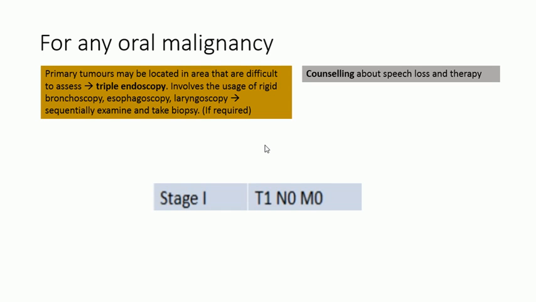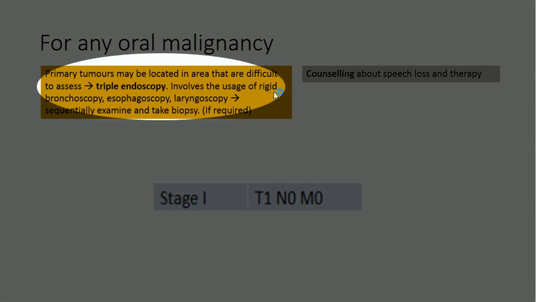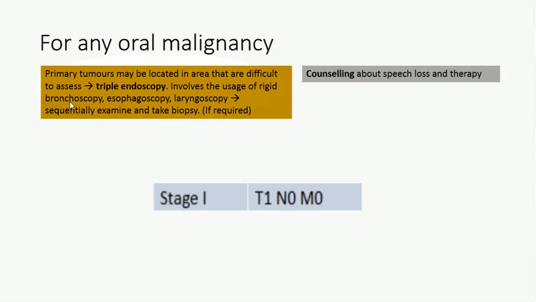Triple endoscopy involves the usage of rigid bronchoscopy, that is you're visualizing the bronchus, esophagoscopy, that is you're visualizing the esophagus, and laryngoscopy, where you're visualizing the larynx. Sequentially, and in case of any suspicious lesion, you have to take a biopsy.